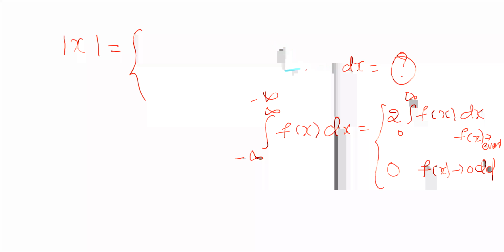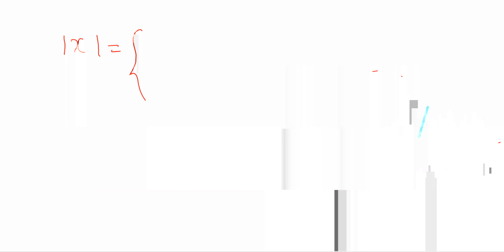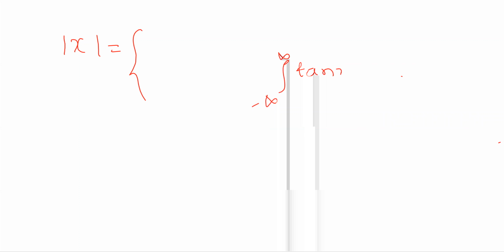Sir, if tan x comes, what will happen? Tan x is also an odd function. I'll tell how to do that one also. We can't decide it directly; we'll check whether it is odd or even. So the question is the integral over minus infinity to infinity of tan x dx.